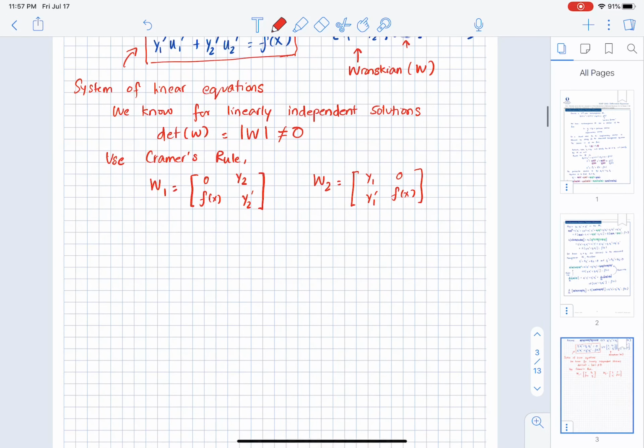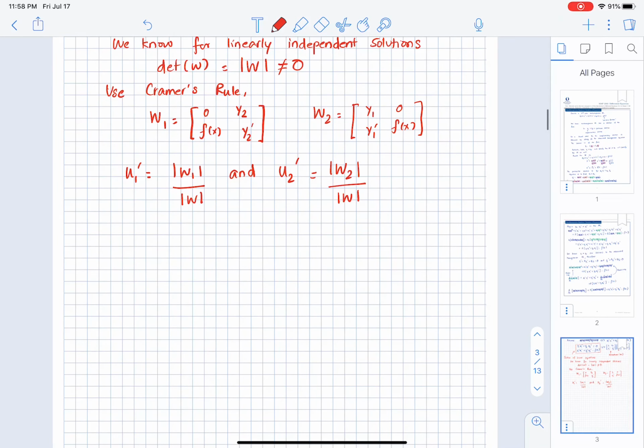So u1 prime is simply the determinant of W1 divided by the determinant of the Wronskian, and u2 prime is the determinant of W2 divided by the determinant of W. The denominator should never equal 0. It will never equal 0 because we have linearly independent solutions, which guarantees that the determinant of the Wronskian is not equal to 0.